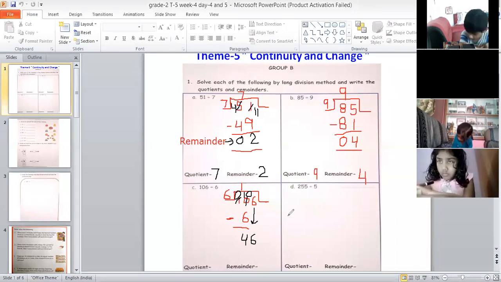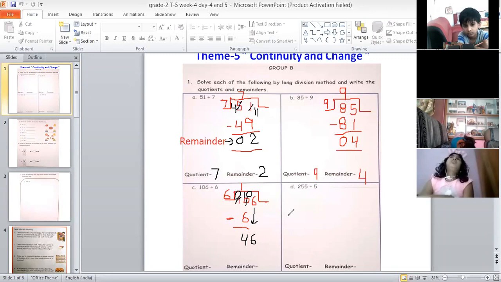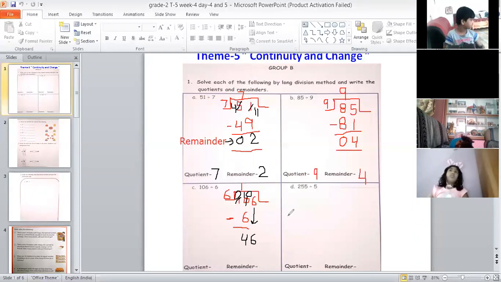We will think of a number in the 6 table which is smaller than 46 and nearest to 46. Very good, Hanvika. Now recall the 6 table and tell me which number is smaller than 46 and also nearest to 46. 6 ones are 6, 6 twos are 12, 6 threes are 18.